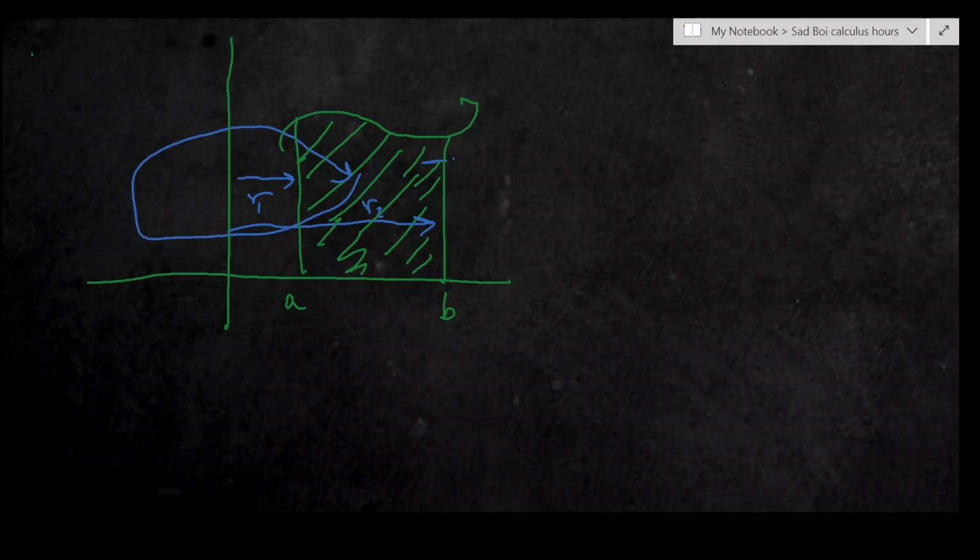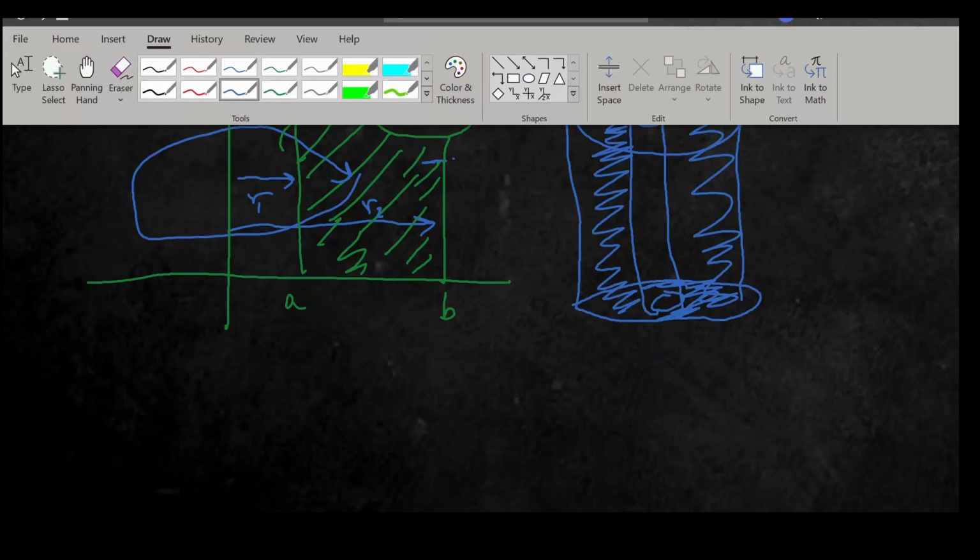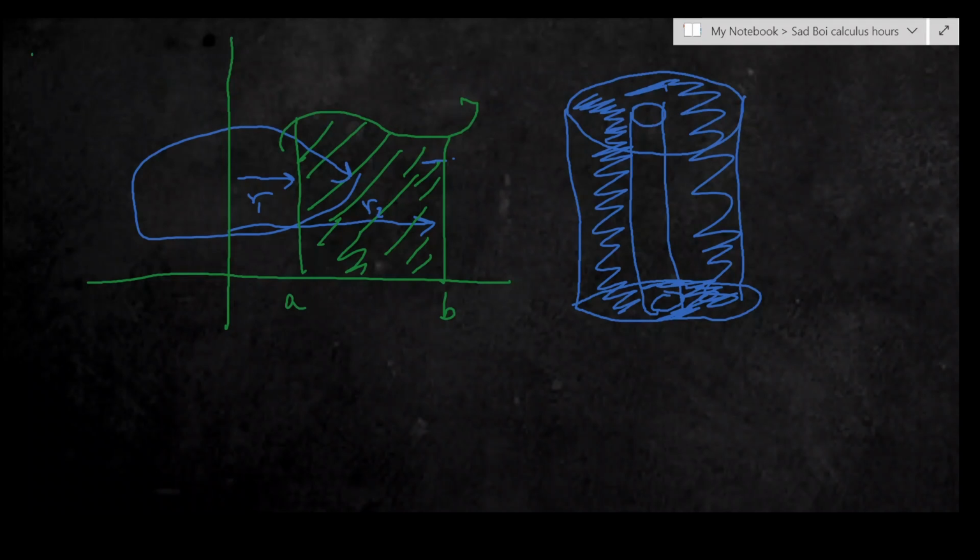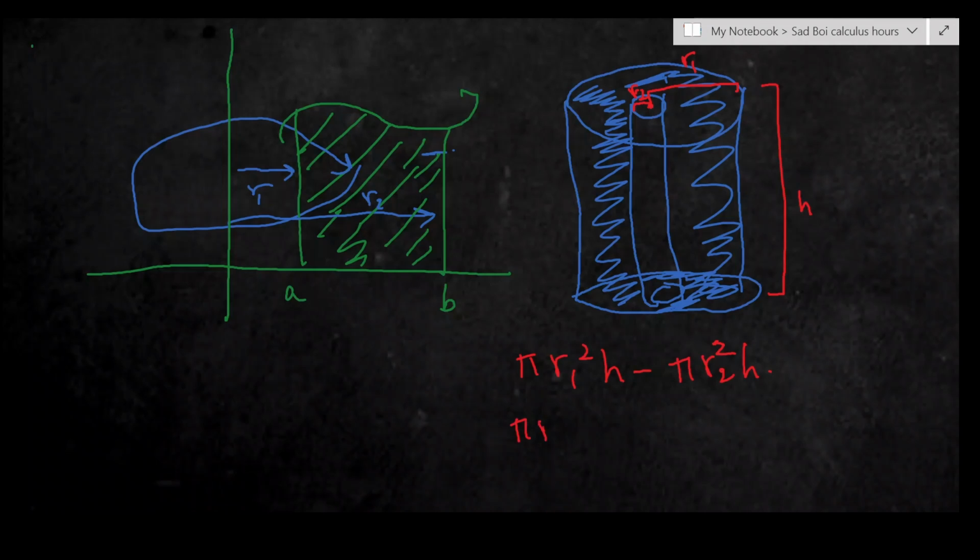So for this, we're going to consider an example of a cylinder again. Let's consider you have this cylinder that is hollow from inside. The radius of the larger cylinder is r1 and the radius of the smaller cylinder is r2. So the volume of the blue solid, that is the volume of this cylinder, is going to be pi times r1 square, consider the height h, minus pi times r2 squared times h.